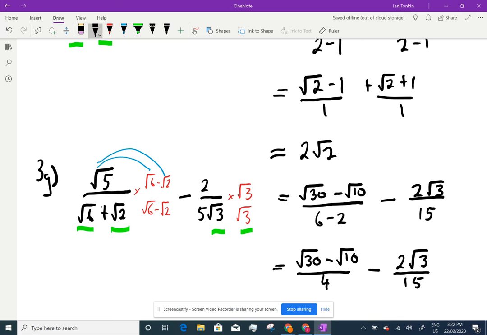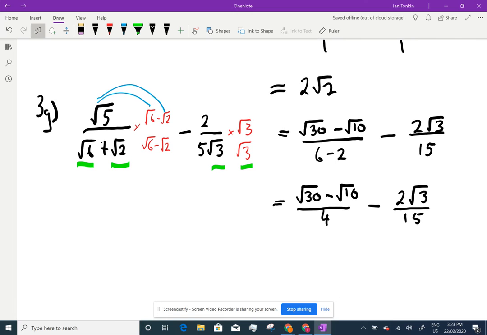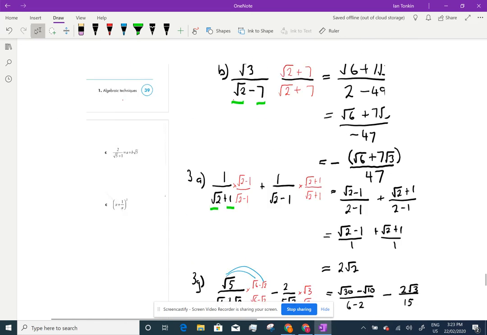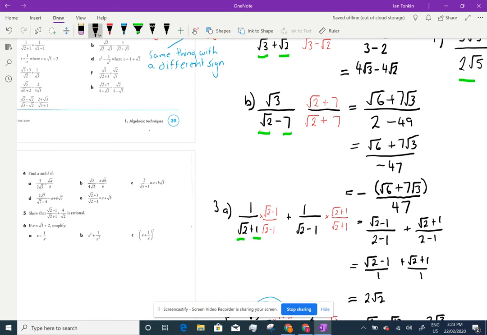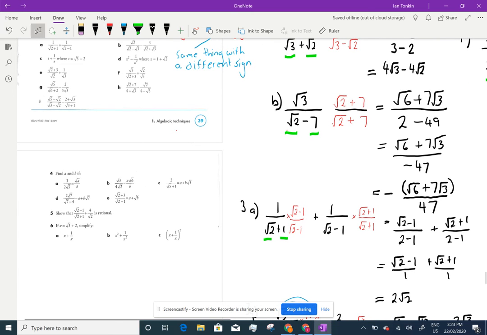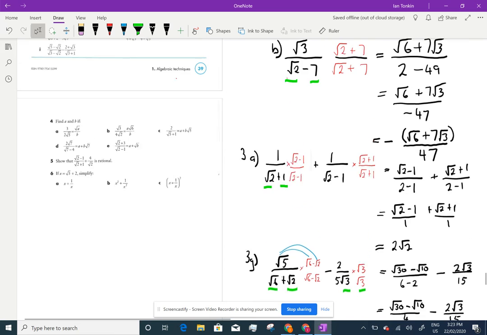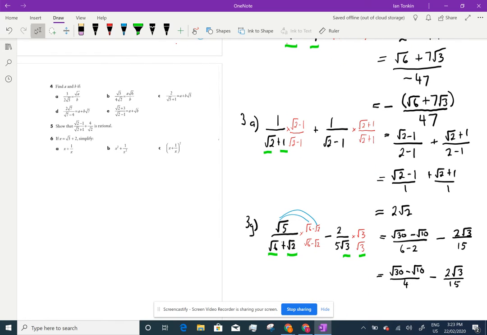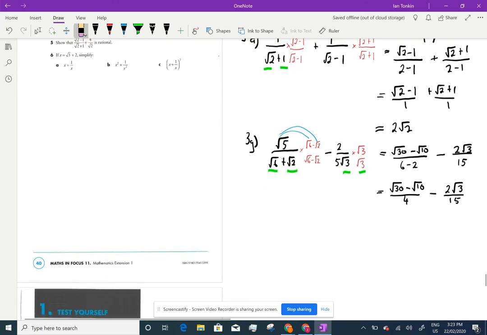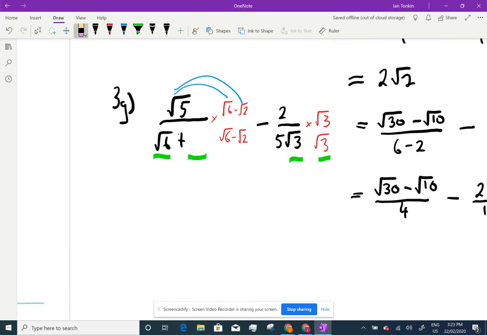Now, I need to find a common denominator. I'm looking at the answer and I'm a bit worried because I may have written the question down wrong, because, look at that. It's not root 2, good. It's just 2. So let's fix that up.